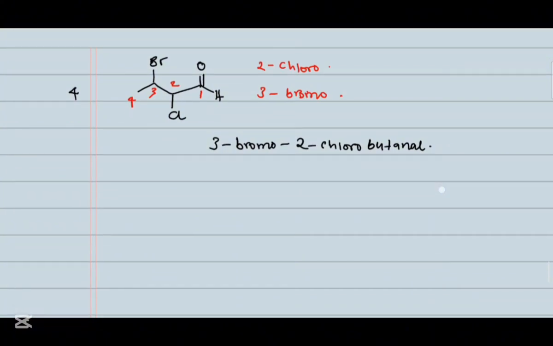Okay, let's go to example 5. You may be given a structure like this one, and they ask you to name it.